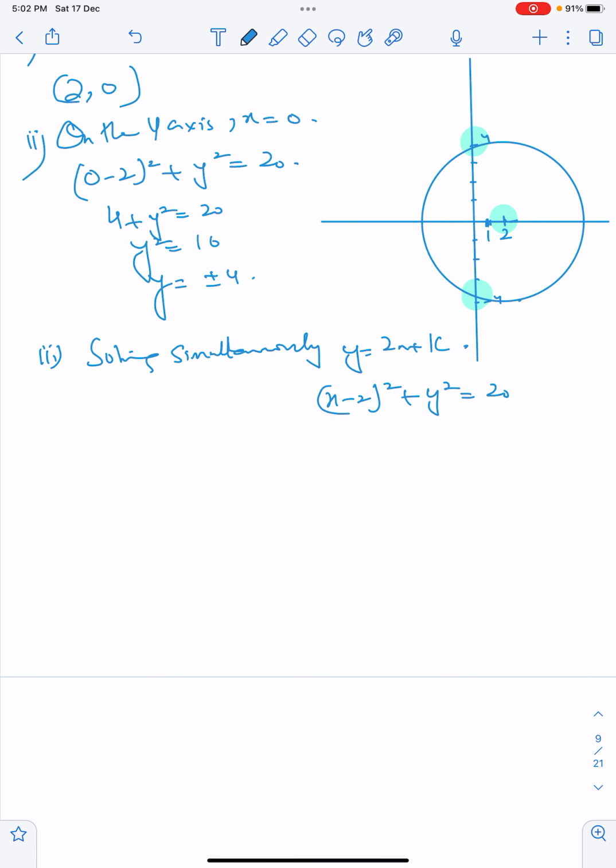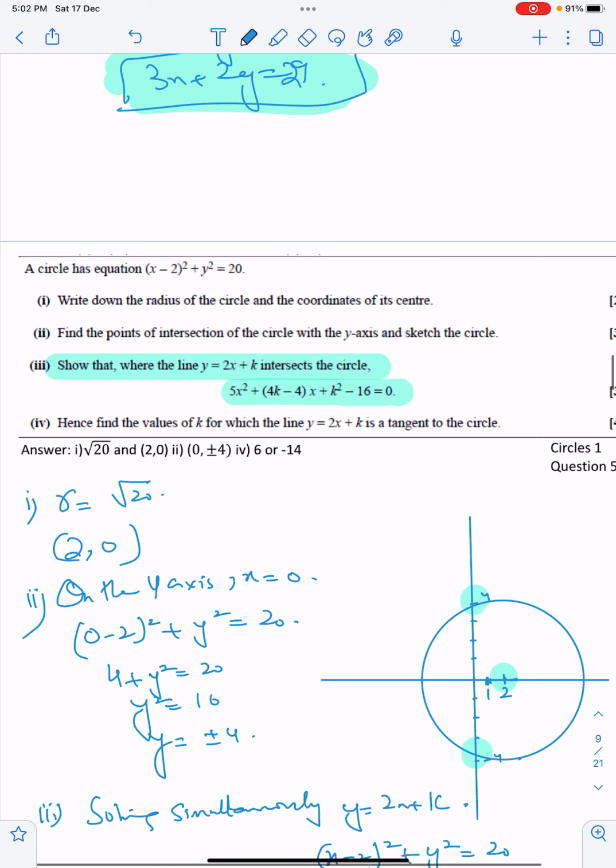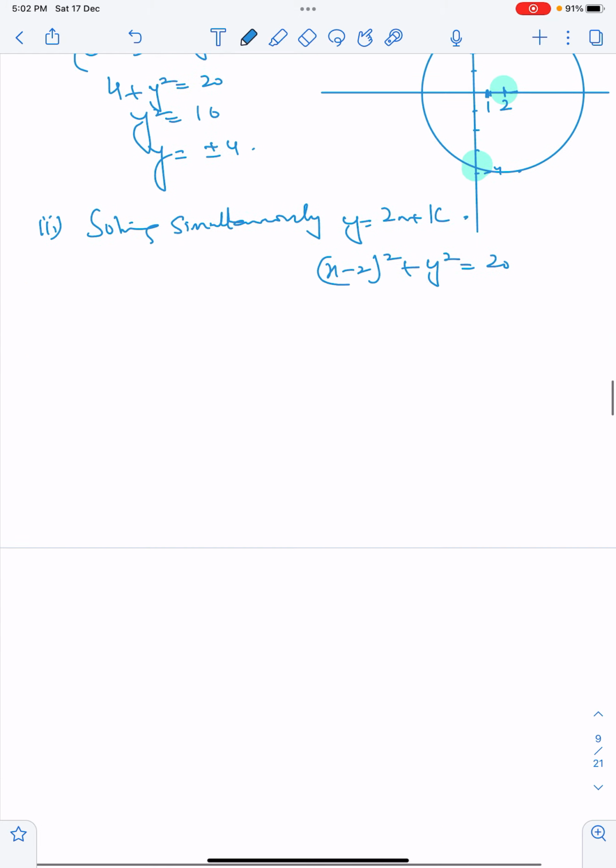In place of y, I'm going to plug in 2x plus k: (x minus 2) the whole square plus (2x plus k) the whole square equals 20.